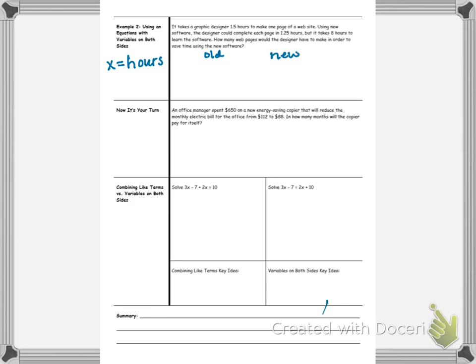So with the old software, it takes him an hour and a half to make one page of a website. So I can say that is represented by 1.5x.